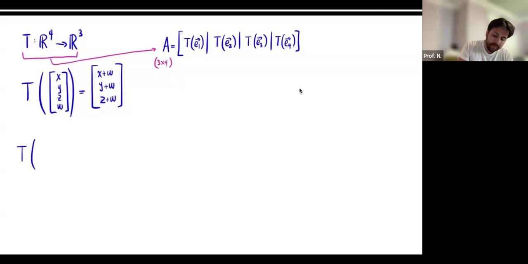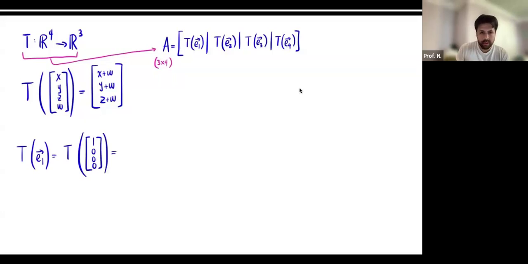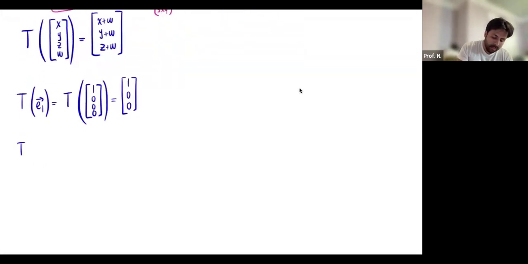So what's T of E1? Well, that's T of 1, 0, 0, 0. And if you put it into the formula, the equation here, you get 1, 0, 0. So that's my first column. What's my second column? T of 0, 1, 0, 0, which will give me 0, 1, 0.